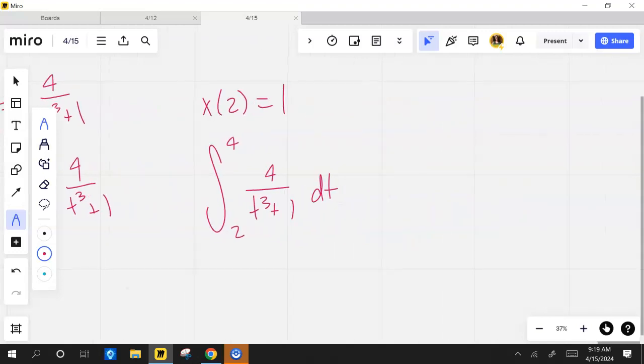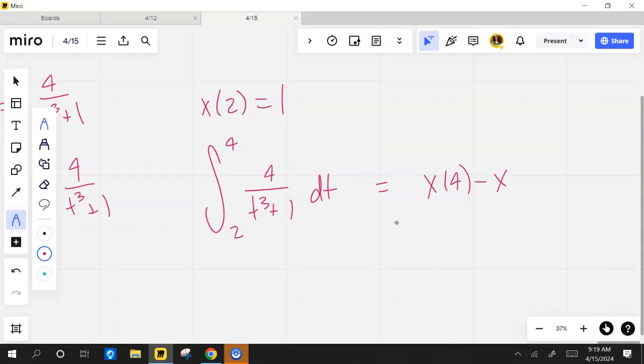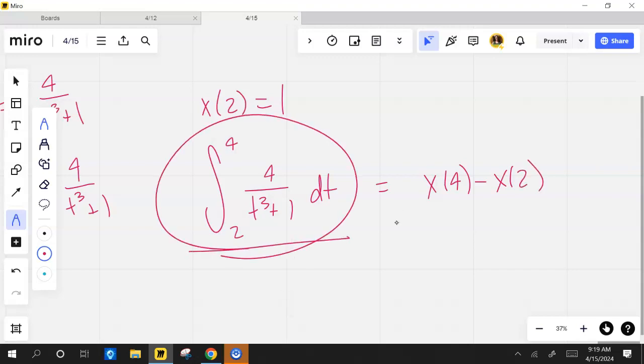I had to do this as a fundamental theorem one again. So x of 4 minus x of 2 would give me this. I did this on my calculator and got 0.35257 to 4, and then x of 2 is 1. Sometimes I forget that I've got a calculator, and that will really help me on a lot of these problems.